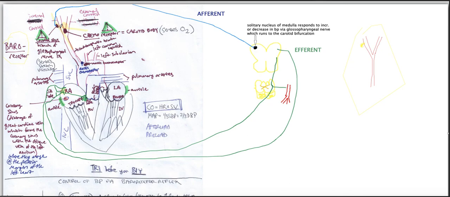This is the increased efferent sympathetic firing. It also has an effect of decreasing parasympathetic stimulation, which leads to vasoconstriction and increased heart rate and contractility as well, so it all plays together.